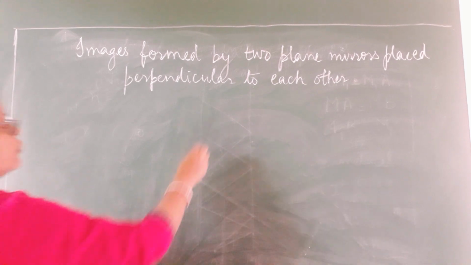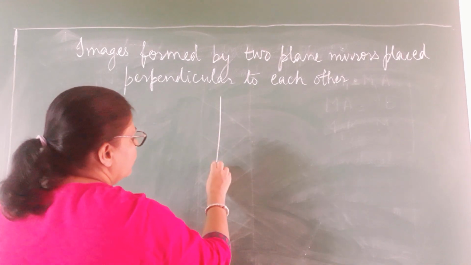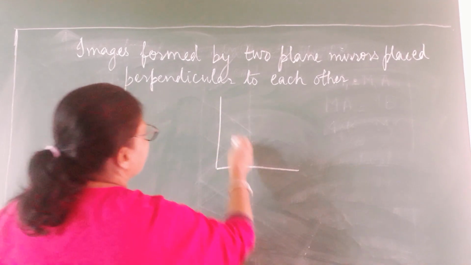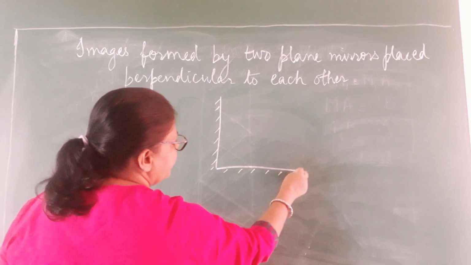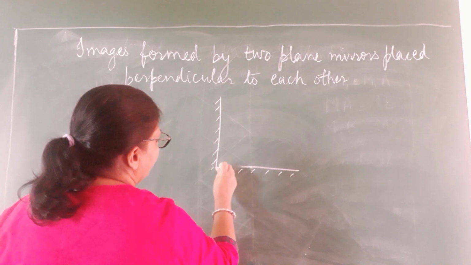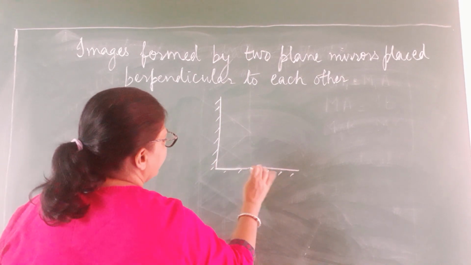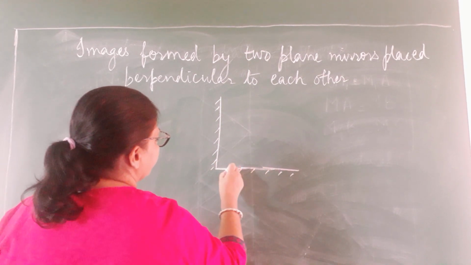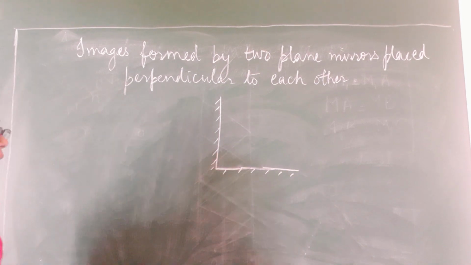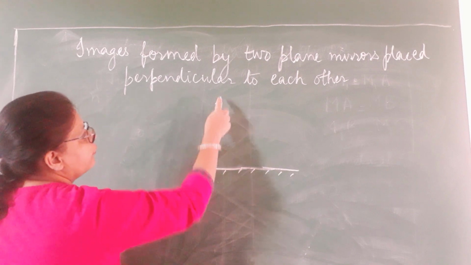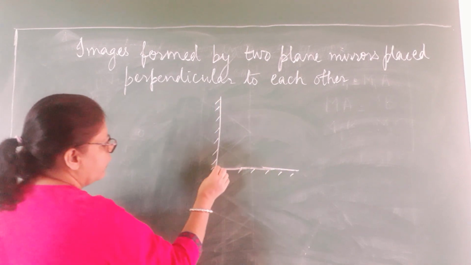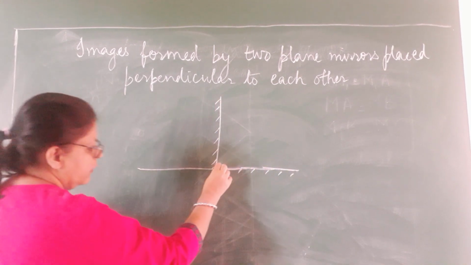Now in this what you will do children, you will take 2 plane mirrors and they will be placed at an angle of 90. Can you see the angle between them is 90 degrees. That's why I said perpendicular. Right? Okay. Now for convenience sake, suppose I am taking this as 5 centimeters and this as 5, on the other side another 5, down also.